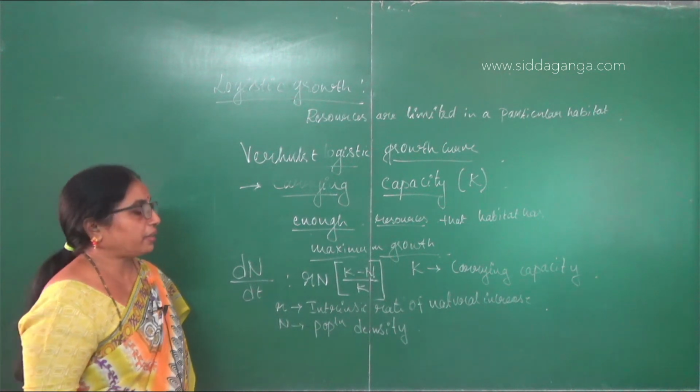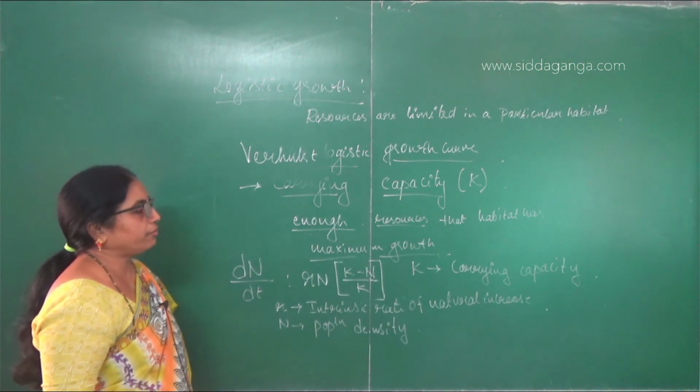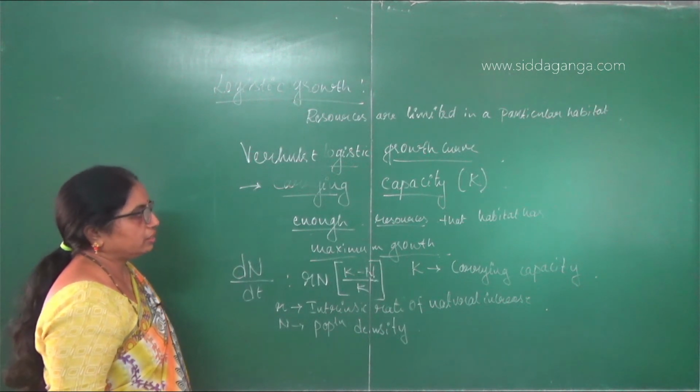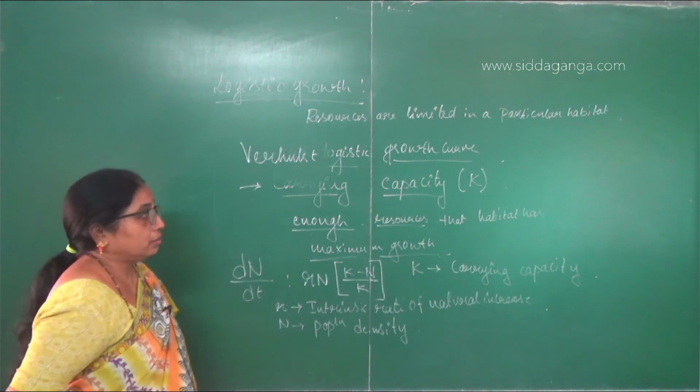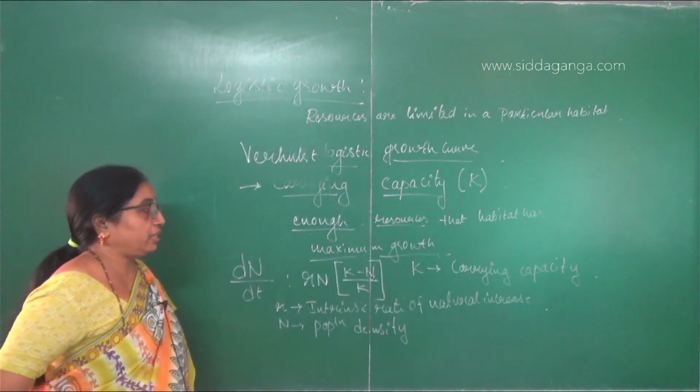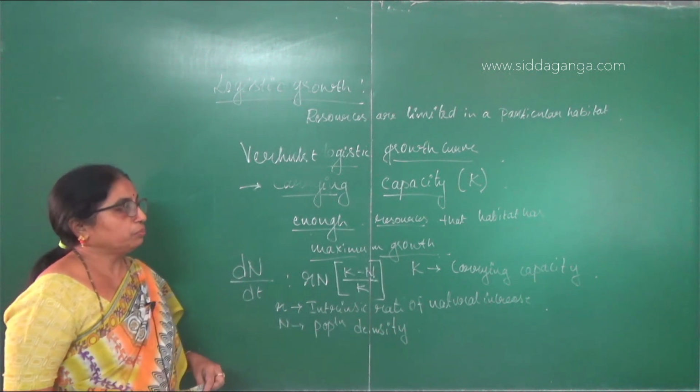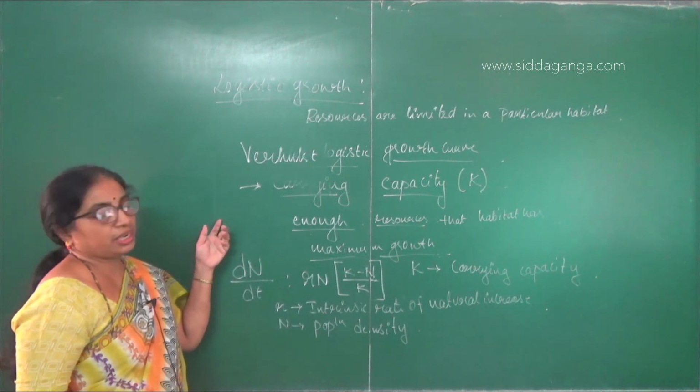So carrying capacity is the amount of resources that a habitat has to support a particular population, which is called logistic growth.